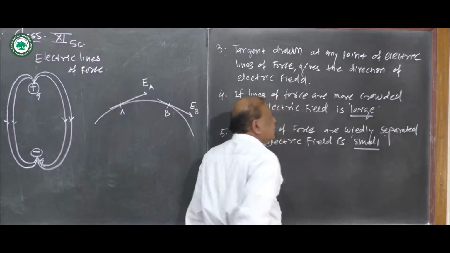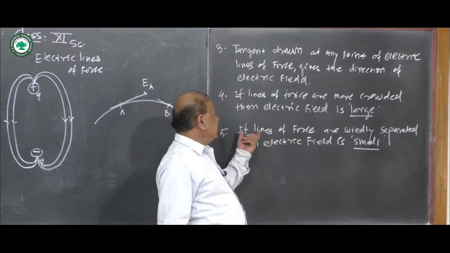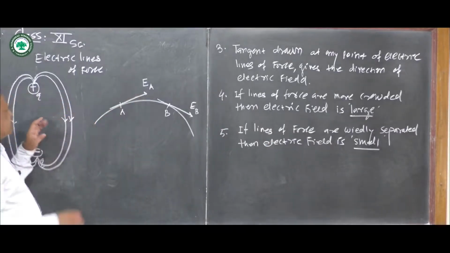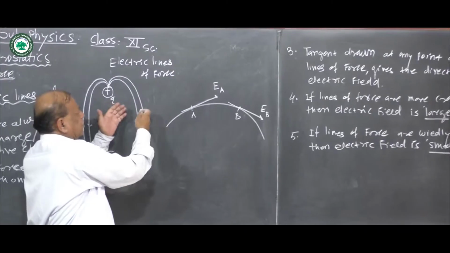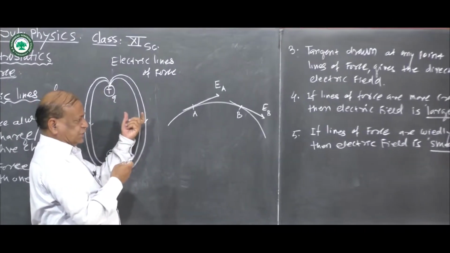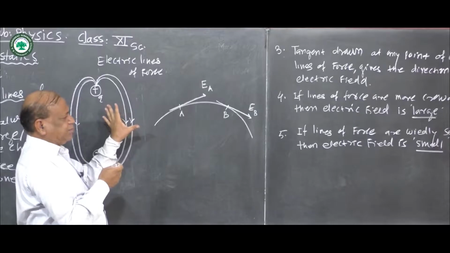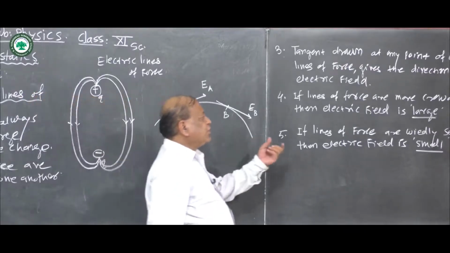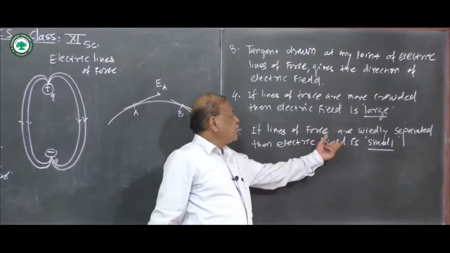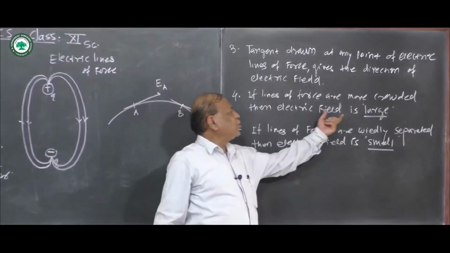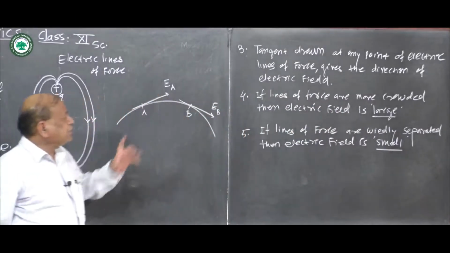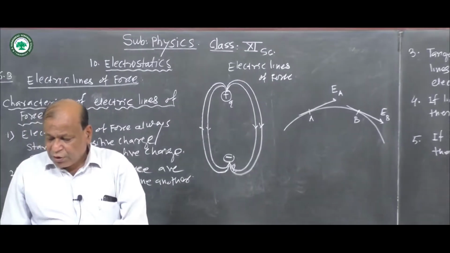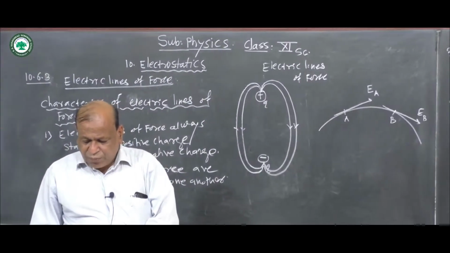The lines of force are widely separated, the distance between them is large. At that time the strength of the electric field is small. Here the strength of the electric field is large. This is the fifth characteristic of electric lines of force.